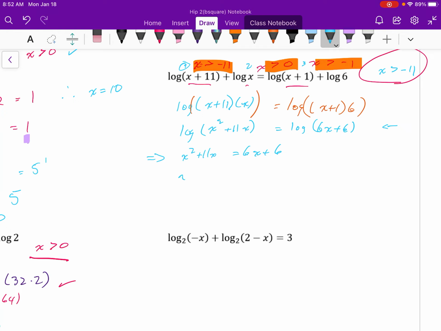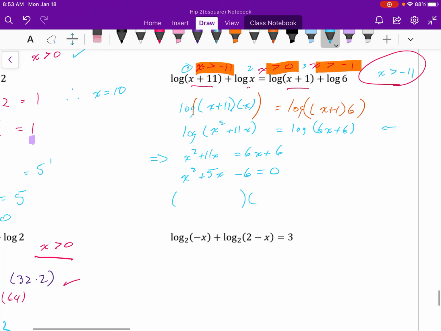All right, so I'm going to subtract 6x from both sides and subtract 6 from both sides. And what I get is x squared plus 5x minus 6 is equal to 0. Now, factoring here, thankfully, this is nice and factorable.